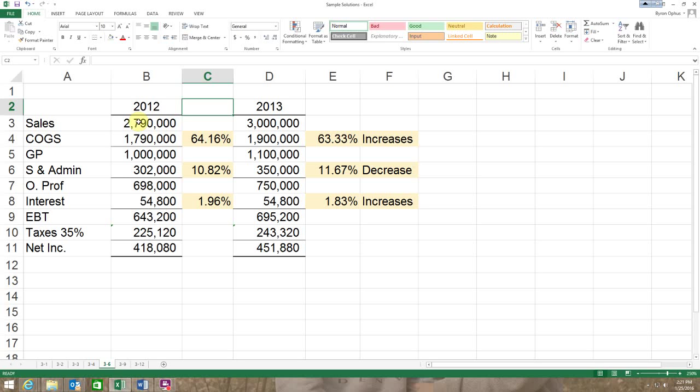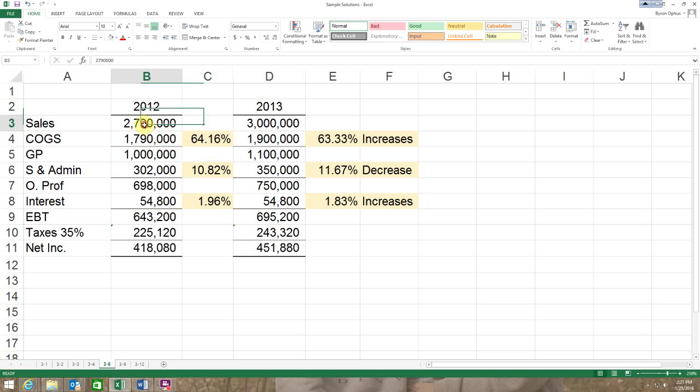If your sales go way up, your cost of goods are going to go way up. But how about as a percentage then? And that's what it's asking for. So we have to calculate some percentages, and they're relatively easy to calculate. And then we have to just figure out what the effect is on our bottom line.